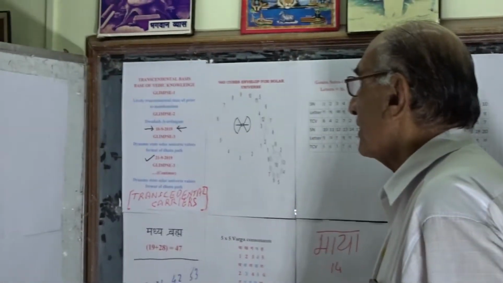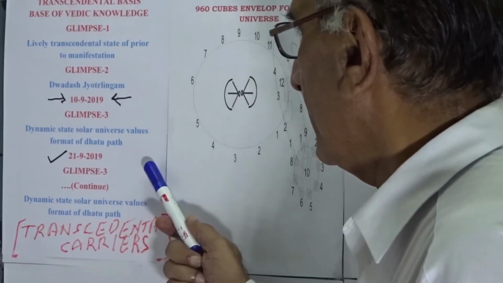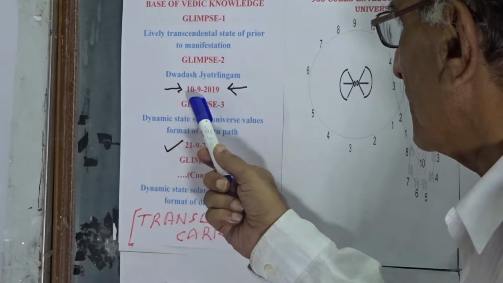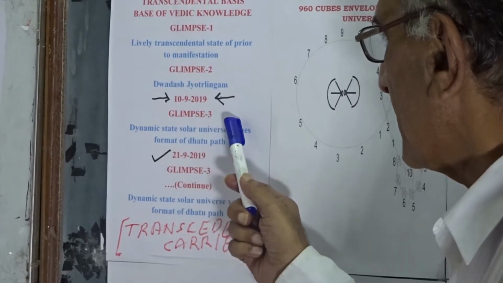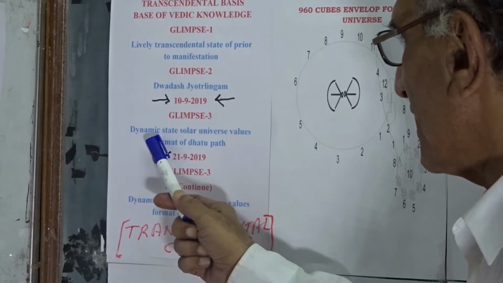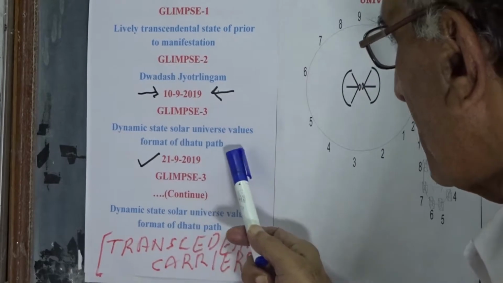Welcome. Today we shall be continuing ahead from where we reached on 10th of September as Glimpse-3, with the focus on the dynamic state solar universe values format of the Dhatu part.